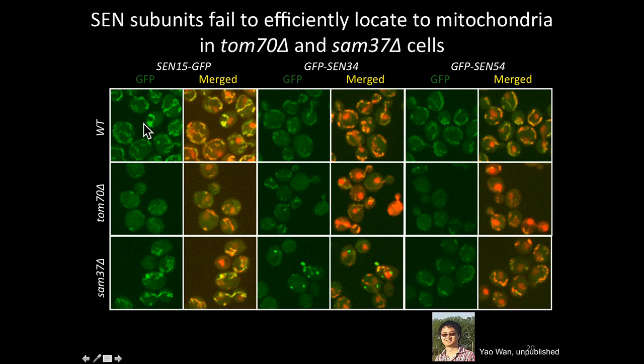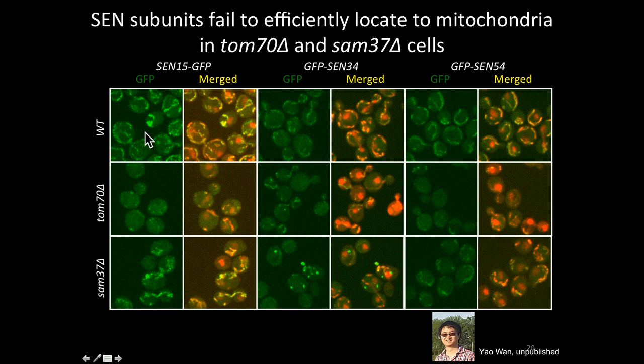And then we tagged the splicing endonuclease subunits, all 4 of them, only 3 of them are shown here. And then we looked at where these proteins are located in wild-type cells and Tom70 and Sam37 mutant cells. So in this, green is where the particular splicing endonuclease subunit is located, and red is DAPI staining, and the big circle here is the nucleus, and the dotted circles here are mitochondrial genomes.